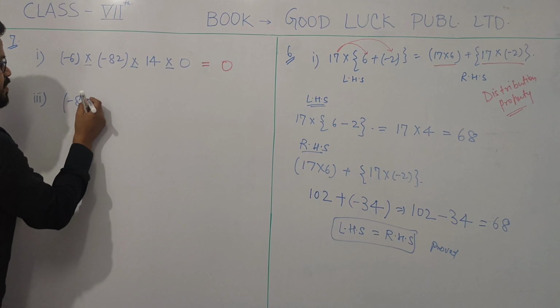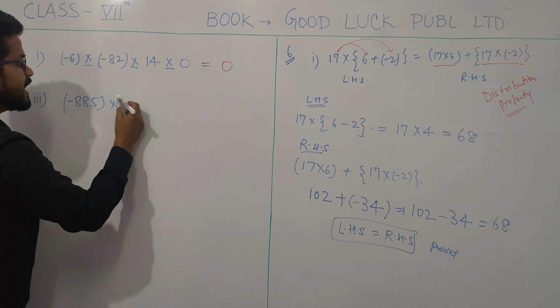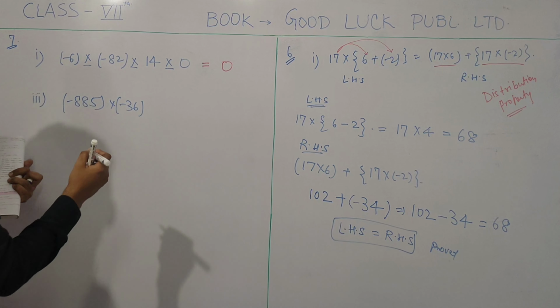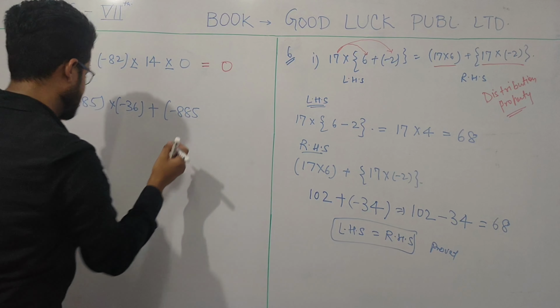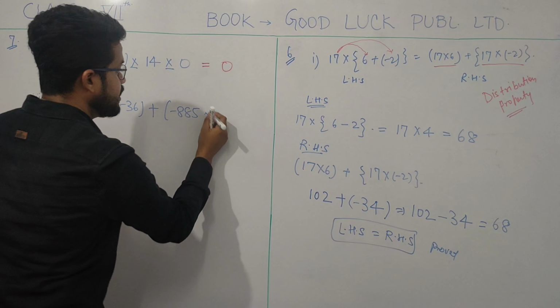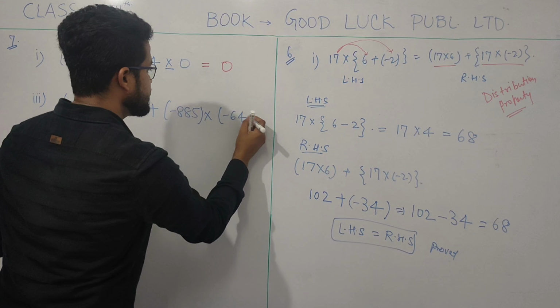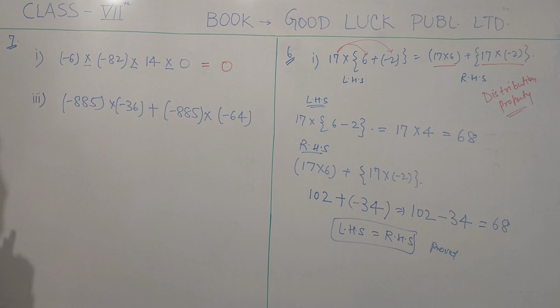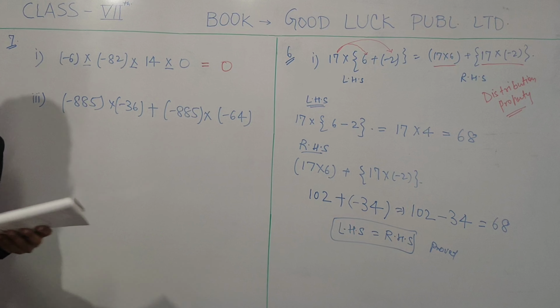Question number 3 is minus 885 into minus 36 plus minus 885 into minus 64. In question 7, find the value using suitable properties.